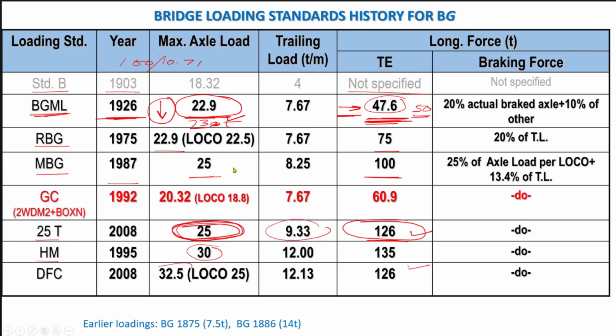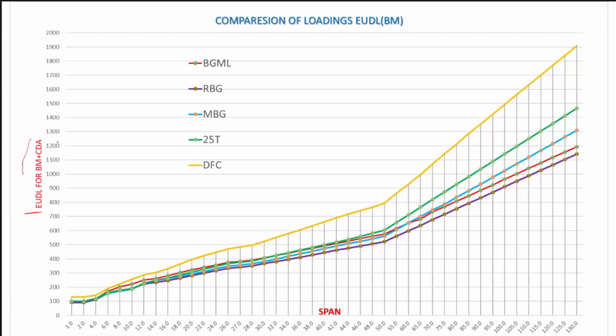Based on this calculation, I have plotted a graph to understand all the other loadings better. You can see the same Excel formula I have transferred in Excel, like span and UDL. This is our UDL value for bending moment with CDA. This is including CDA. CDA is the coefficient of dynamic augment, which is a formula.